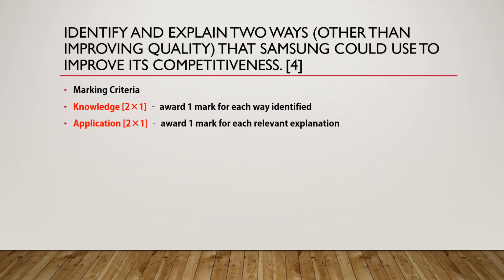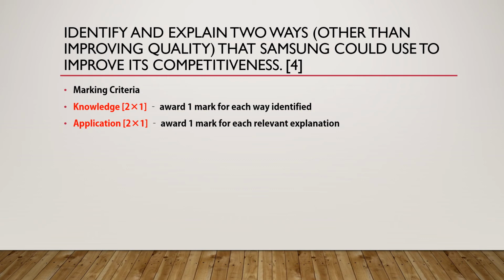So the first mark you will get if you write one of the ways to improve competitiveness, and the second mark you will get for its relevant explanation, which should be related to the business given. The third mark you will get for writing the second way, and the fourth mark goes to the relevant explanation of the second point that you identified.